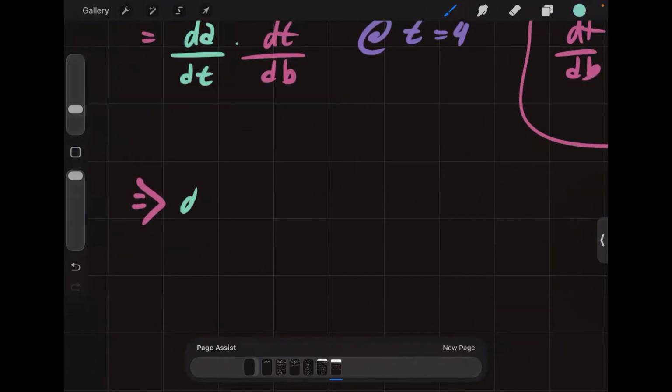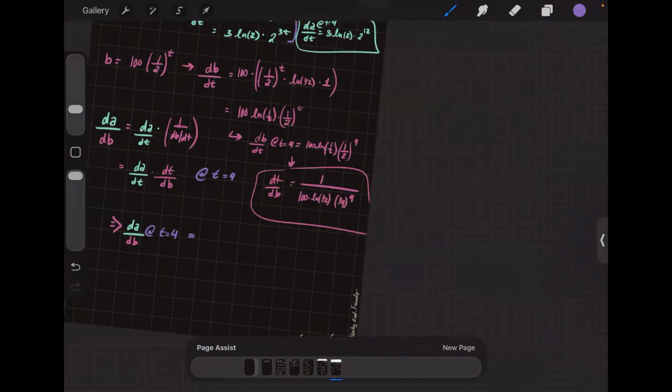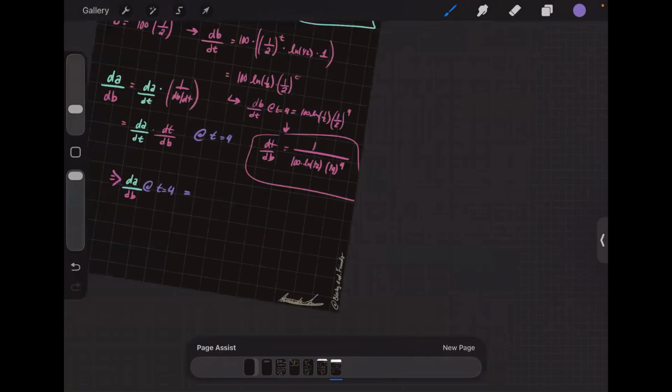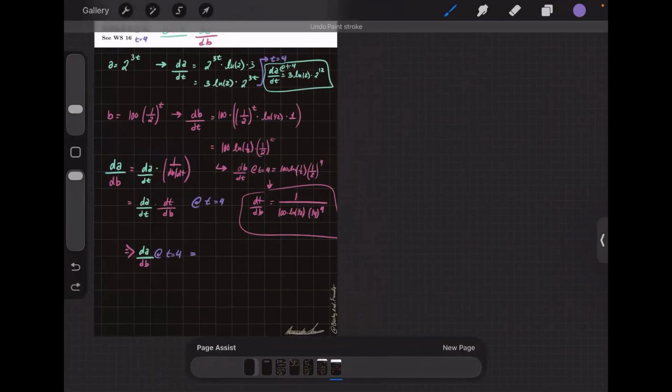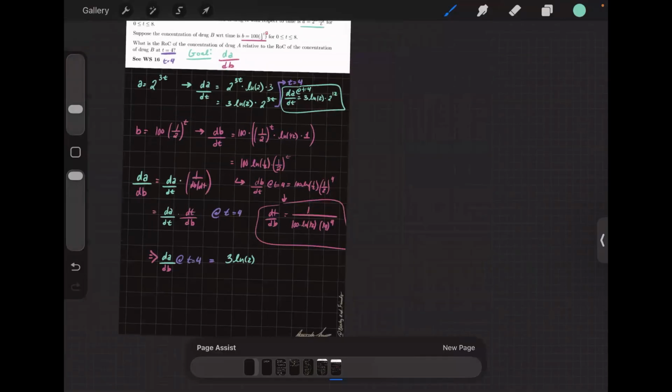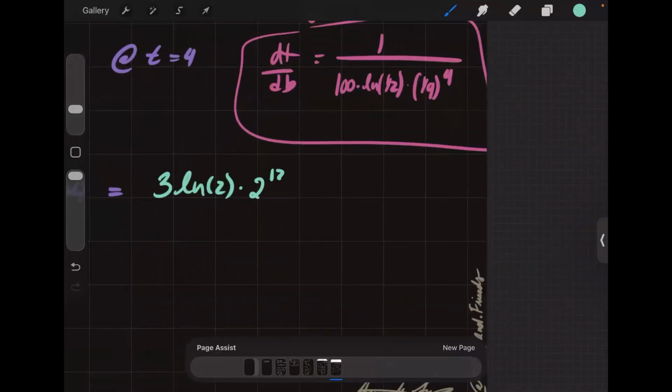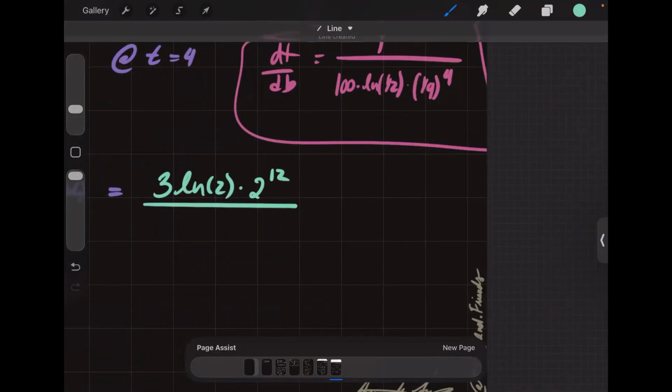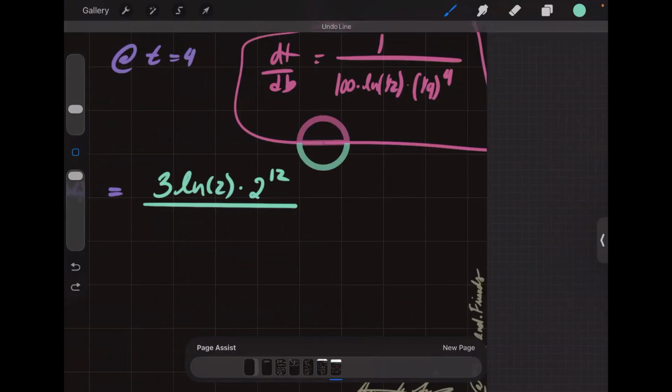dA over dB at t equals 4 equals, well, dA/dt is this guy, right? 3 ln 2 times 2 to the 12th, all over whatever this pink stuff is, right?